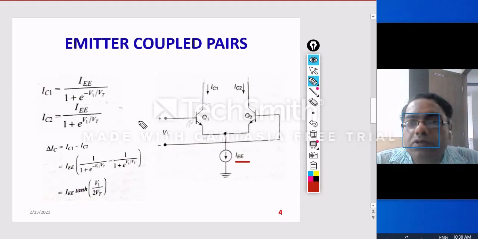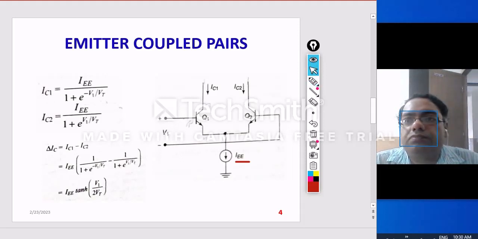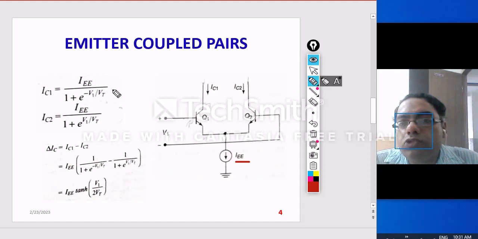Now it can be shown that IC1 is equal to IW by 1 plus e to the power minus V1 by Vt, and Vt is the thermal equivalent voltage of temperature.